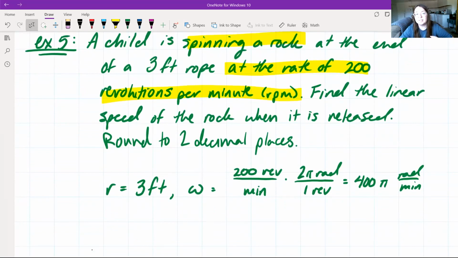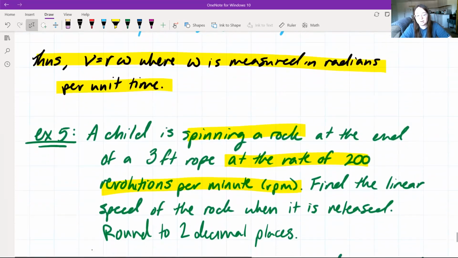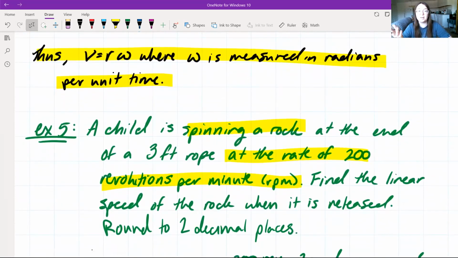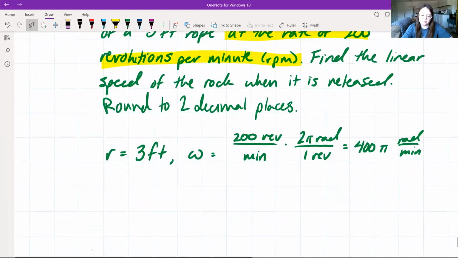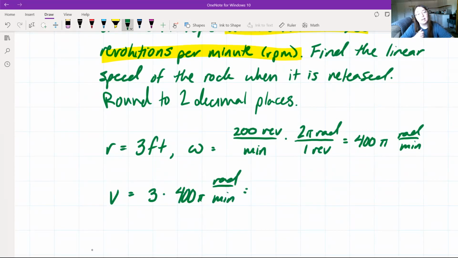So now I have the right radius, and we have the right omega. And we want to find linear speed. We know that linear speed is found by multiplying the radius and omega. So let's go ahead and multiply them. Our linear speed v is going to be equal to 3 times 400 pi radians per minute. 3 times 400 is 1200, so we have 1200 pi radians per minute.